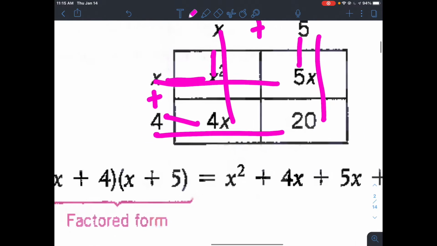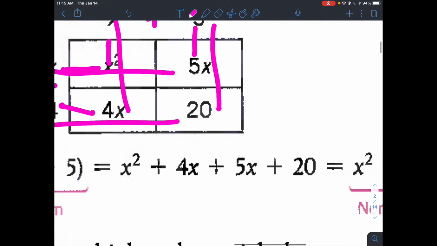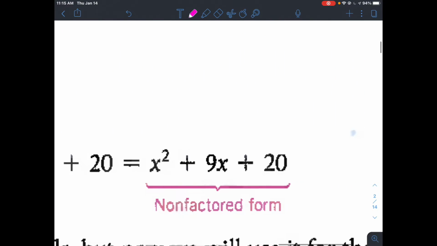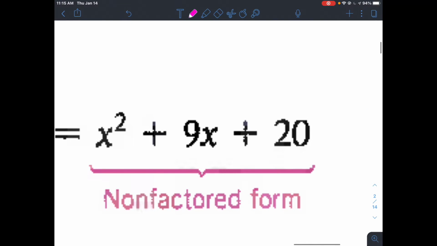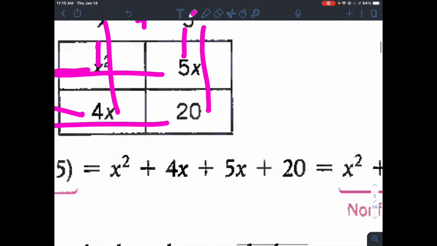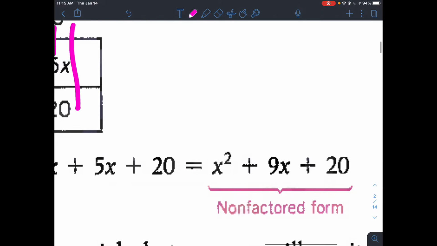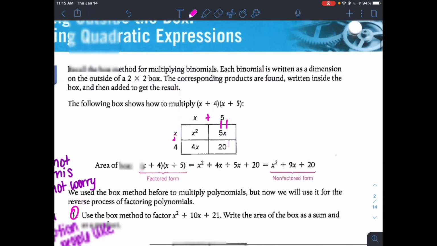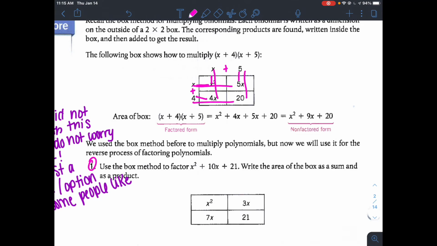So then you can write your answer like this, okay? So we have that x squared plus 4x plus 5x plus 20, and then they combine the like terms to get that 9x.